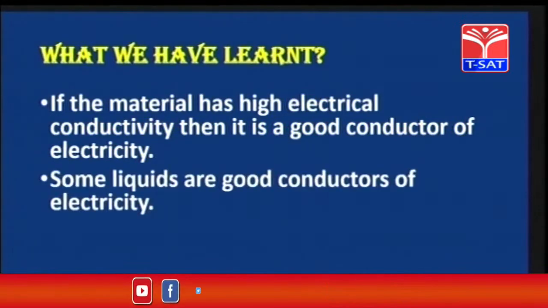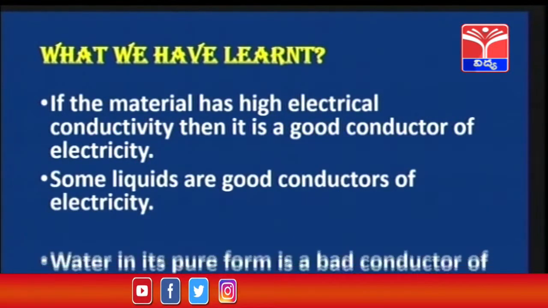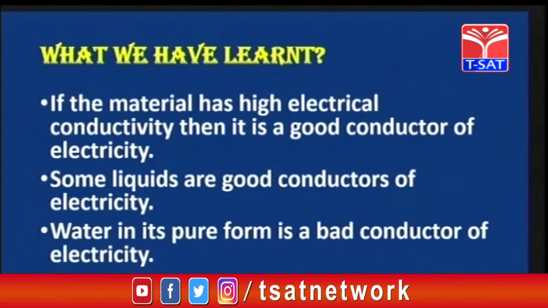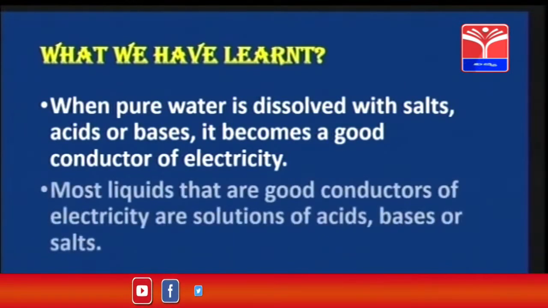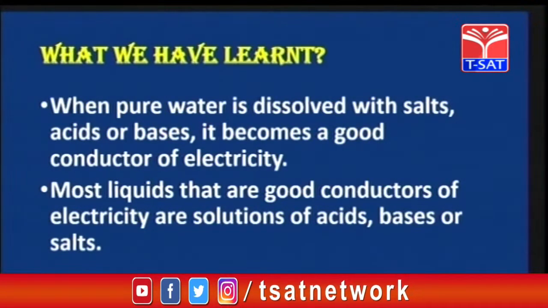Some liquids are good conductors of electricity. Water in its pure form, that is distilled water, is a bad conductor. When pure water is dissolved with salts, acids or bases, it becomes a good conductor of electricity. So this is what we learned today. Most liquids that are good conductors of electricity are solutions of acids, bases or salts.